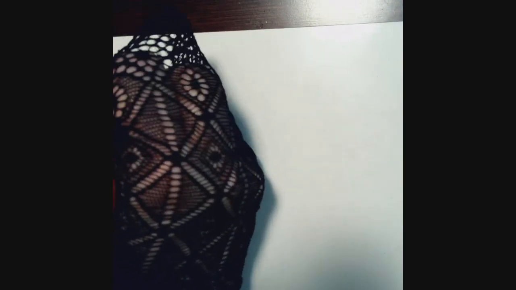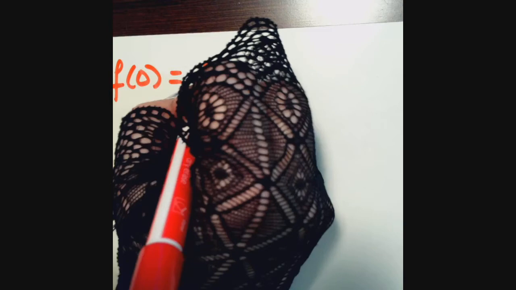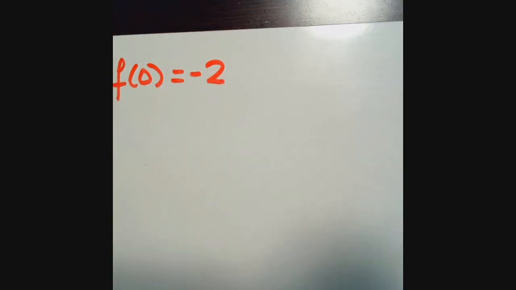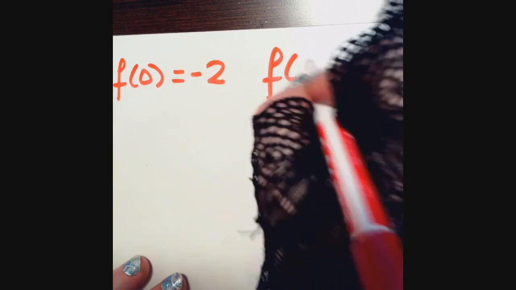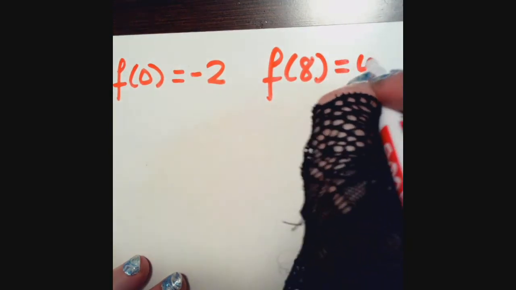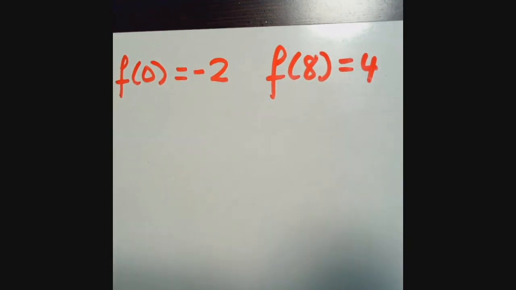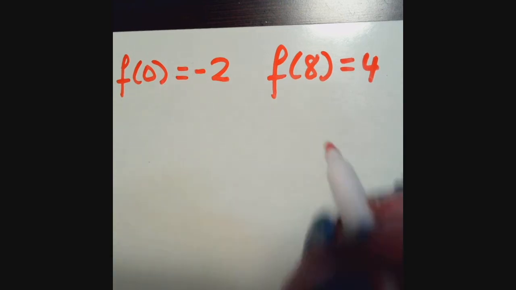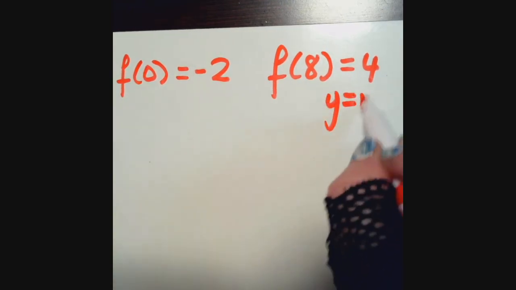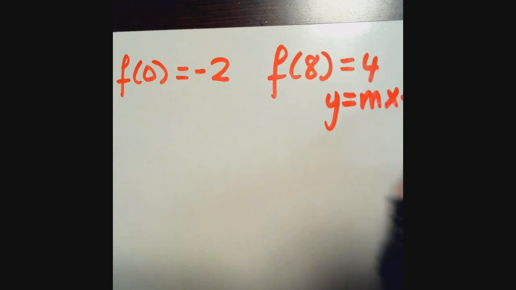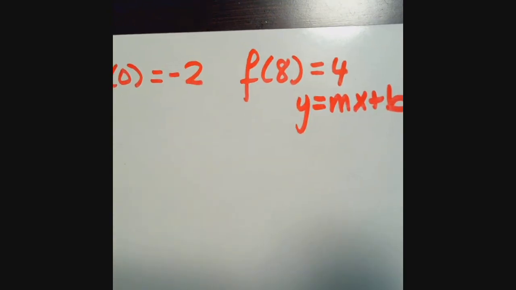So here's another one. They say f of 0 equals negative 2. That's the first one. And then the other one is f of 8 equals 4. Alright, so they want you to write it in slope-intercept form. So always read the instructions. That's what it needs to look like at the end, okay?